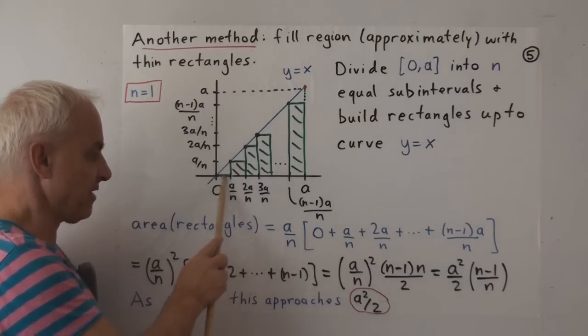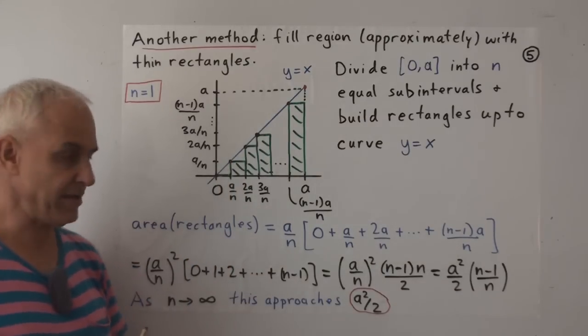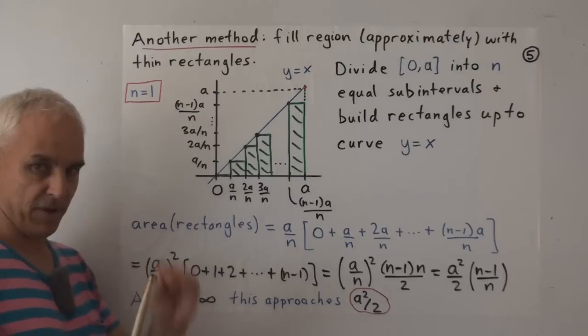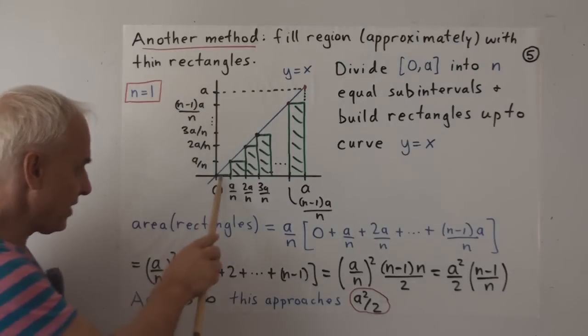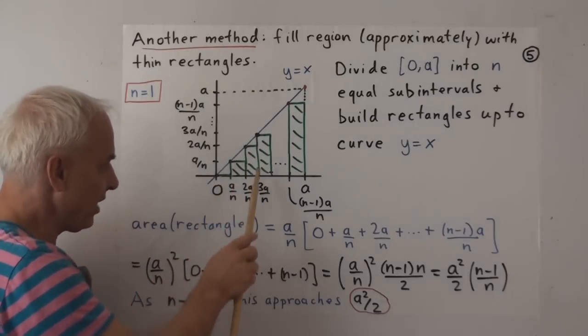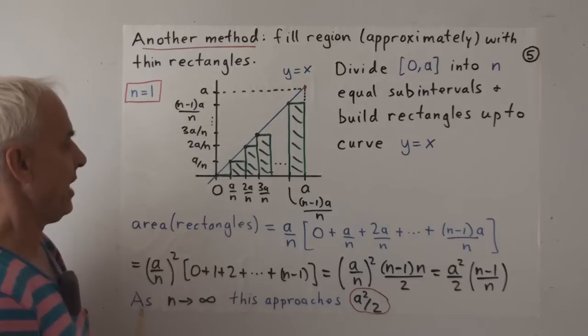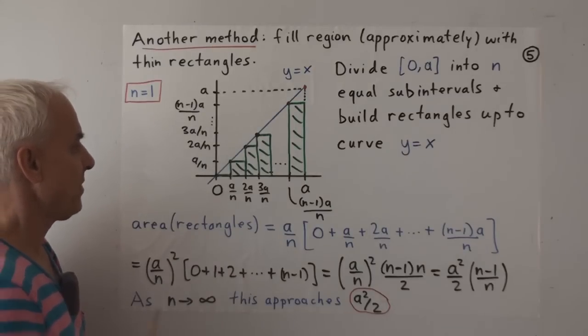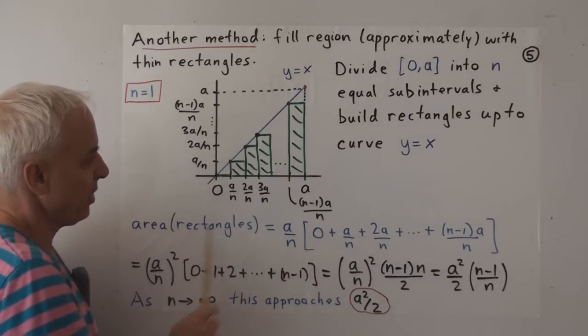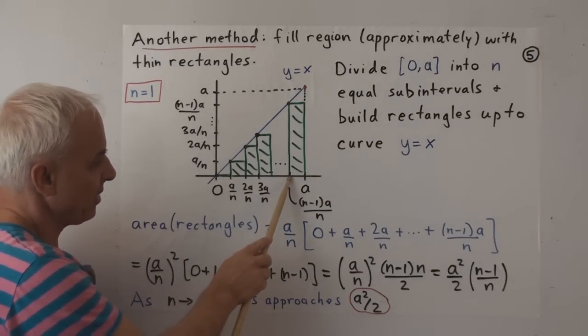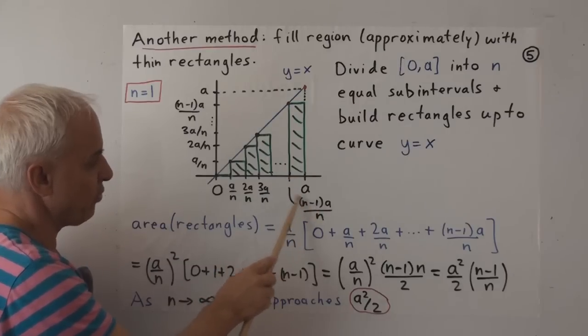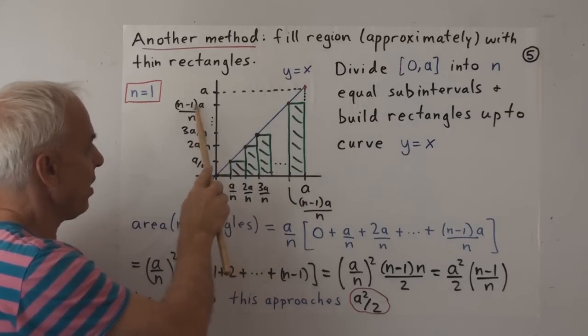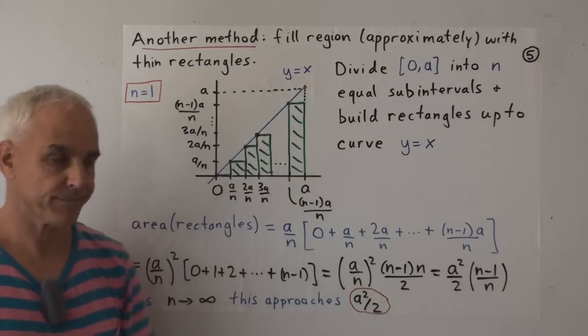This interval just gets a flat zero-area rectangle because that's the smallest one that we can fit in. So we have this sequence of rectangles, each increasing arithmetically in height, up to this last one, whose height is given by the y-coordinate at this second last point. So it's up to n minus 1 times a over n.